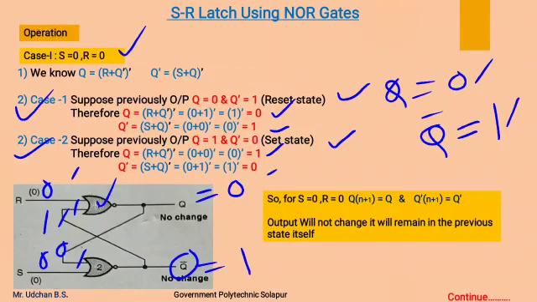Therefore, for S equal to 0, R equal to 0, the next state is the previous state itself. Therefore, the output will not change, it will remain in the previous state for S equal to 0, R equal to 0.